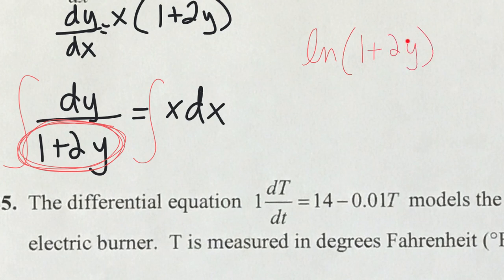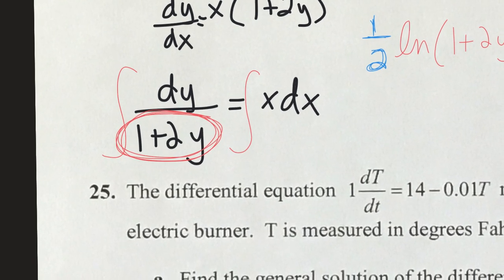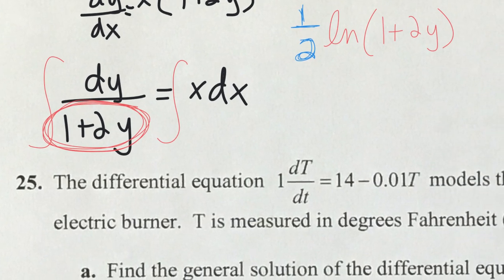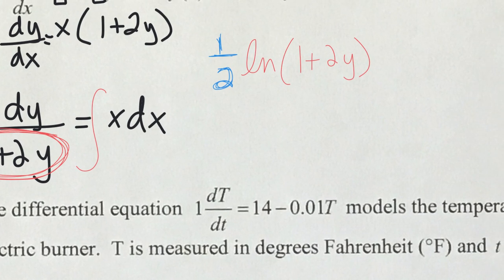And if we have a 2y as part of your argument, we need to have a 1/2 in order to counterbalance that, because our derivative didn't have a 2 there, it cancels out. So 1/2 natural log of 1 plus 2y equals 1/2 of x squared plus c.